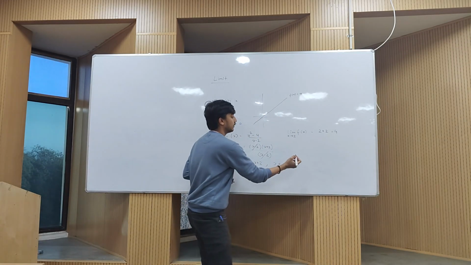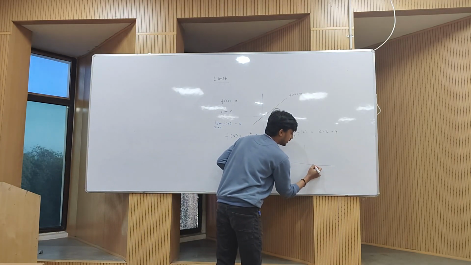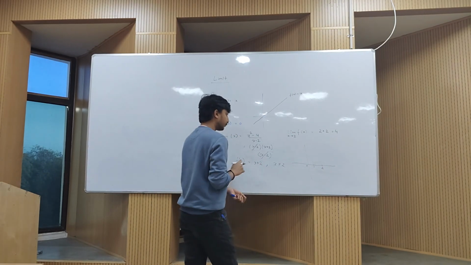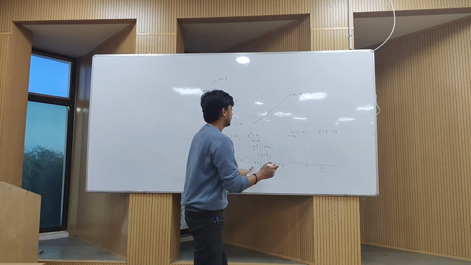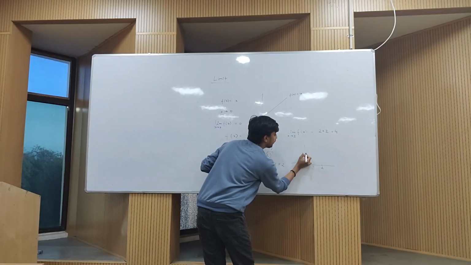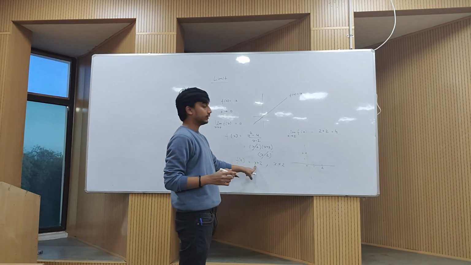Now let us see graphically. Let us say this is 0, this is 1, this is 2. So when x is equal to 0, f(x) is 2, and when x is equal to minus 2, my function is 0.